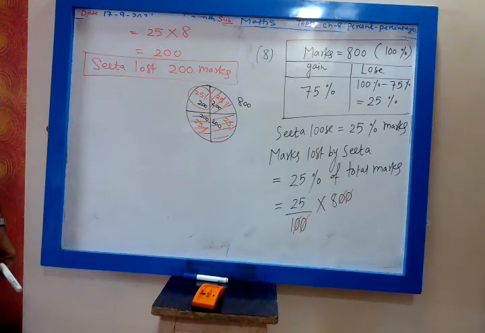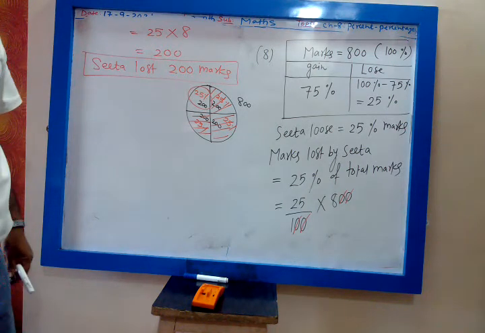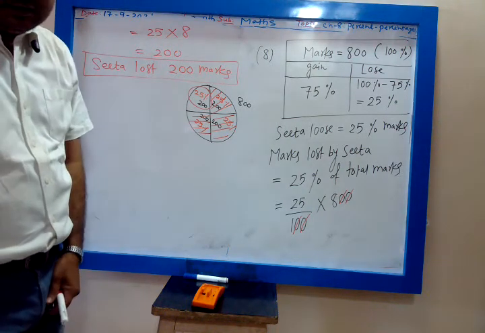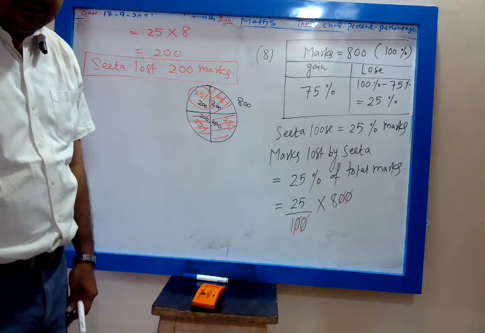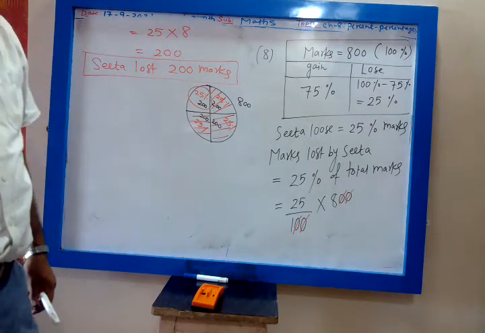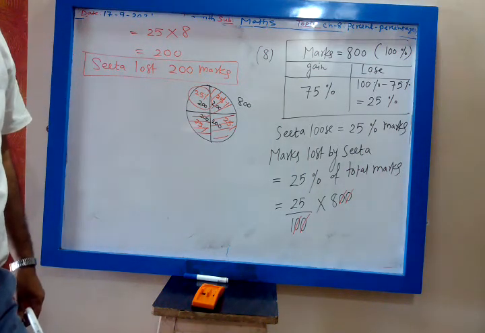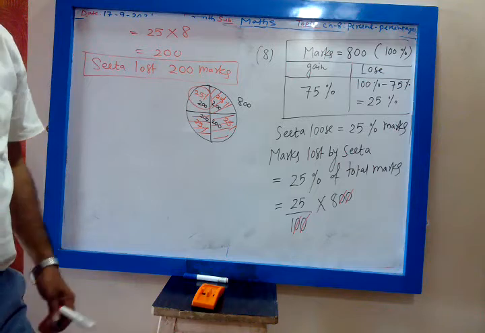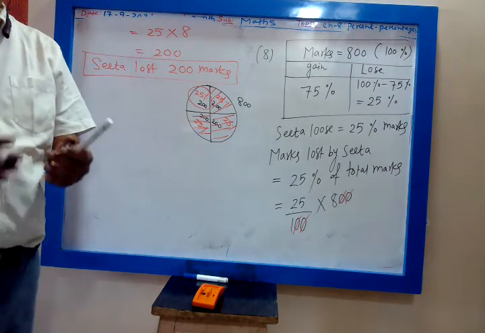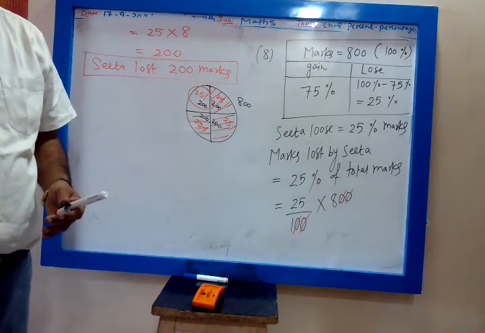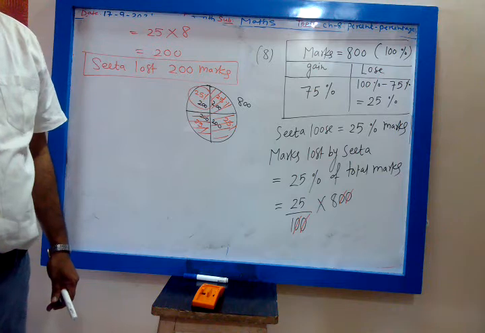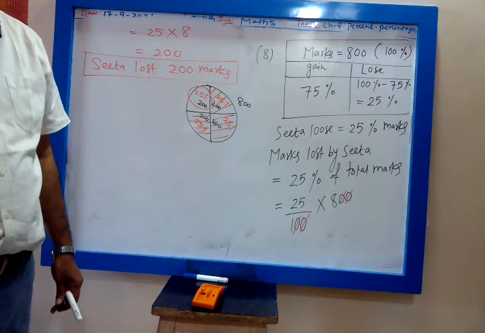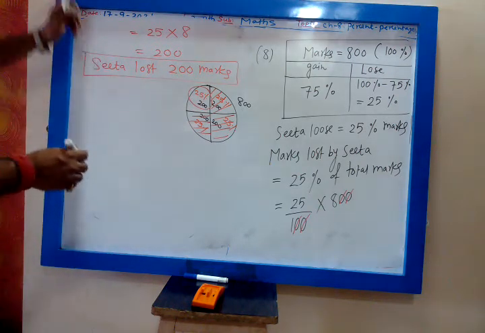Now the ninth one. A shop worth rupees 25,000 was insured for 95% of its value. How much would the owner get in case of any mishap? It means the insurance amount. In case of a mishap, you get the insurance amount, and that insurance amount is 95% of the 25,000.